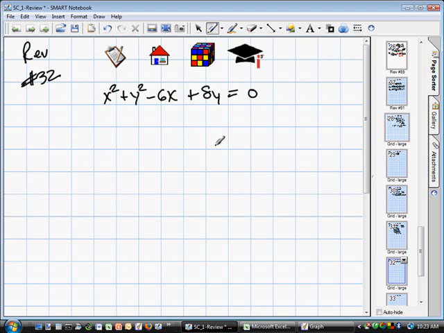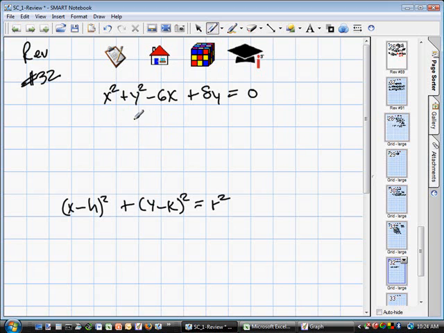First of all, you're heading for the standard form. Here's one of those things you really have to know: the standard form of an equation with center at (h, k) and radius r. That's really worth having in your head. So we're headed for that.